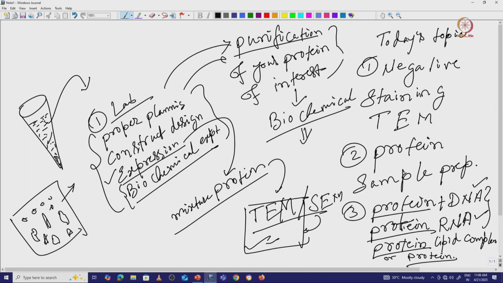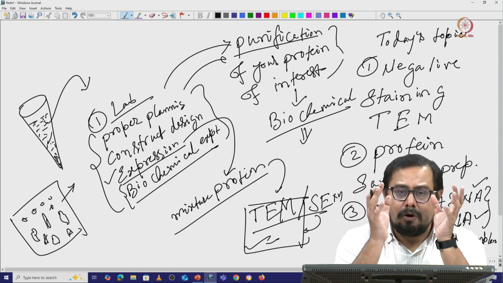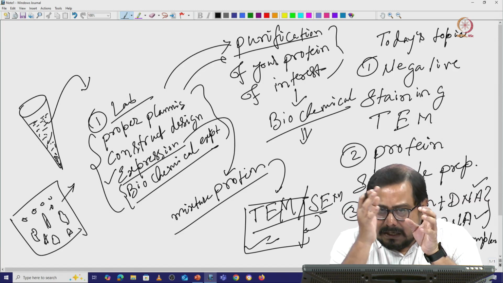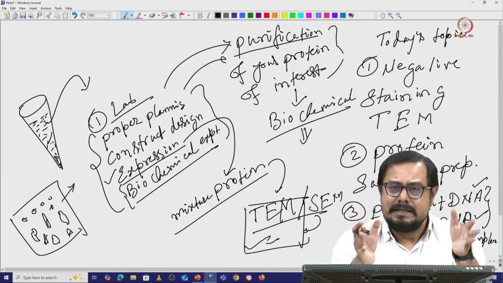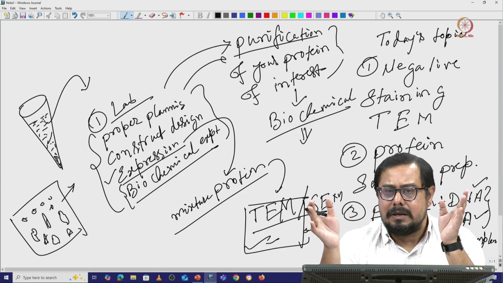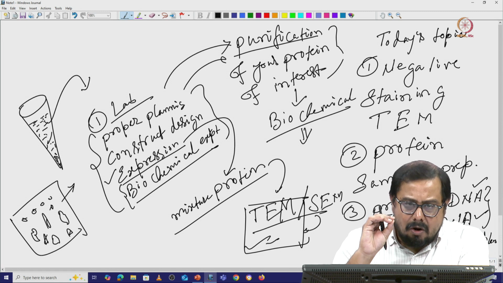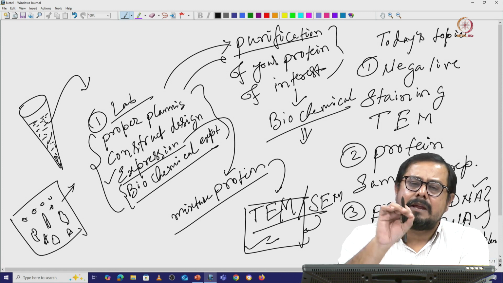So, those activity tests, or binding between DNA and protein or between RNA and protein, if your protein has affinity to DNA or RNA. It is better to do those biochemical tests in the laboratory before going to TEM or cryo-EM, because sometimes TEM and cryo-EM cannot tell you specifically that it is really interacting with the DNA.